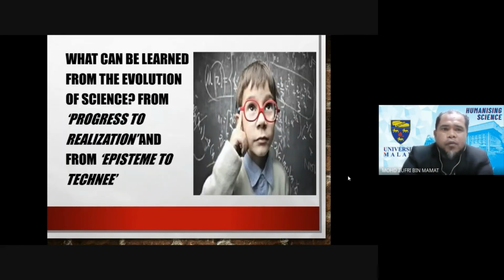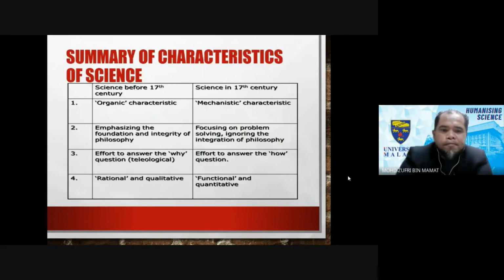So, what can be learned from the evolution of science, which is from progress to realization, from theory to application, when the scientific knowledge is applied, and from episteme to technique. Okay, so what we can summarize is the characteristic of science as shown in this slide.